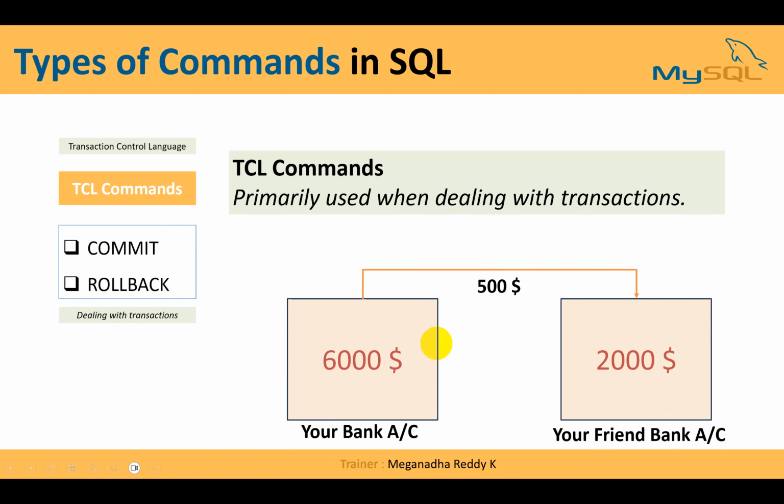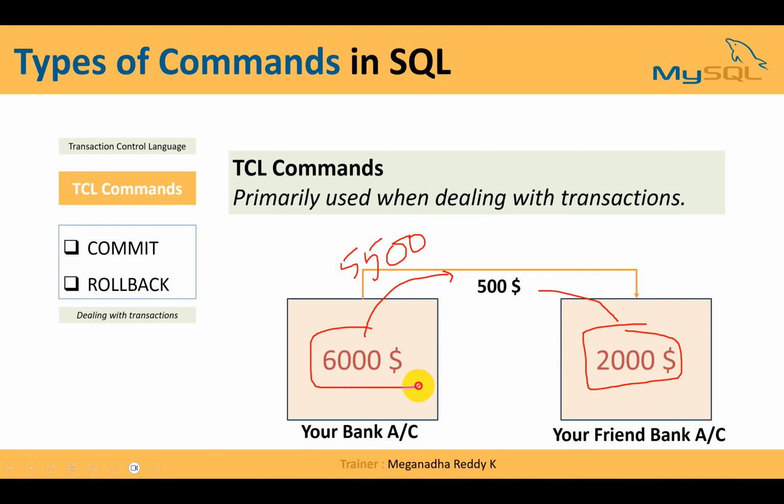Now let's say your balance got updated to $5,500, and your friend's account has still not got updated. It's still 2,000. Let's assume this update failed.